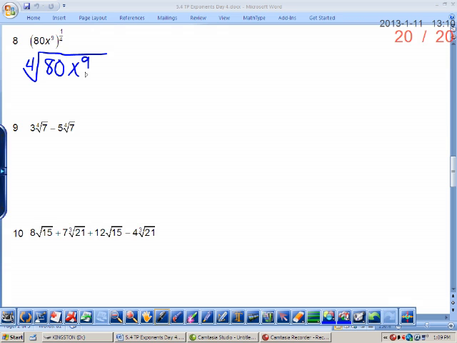Start by breaking down. What are two things that multiply to give us 80? 8 and 10.